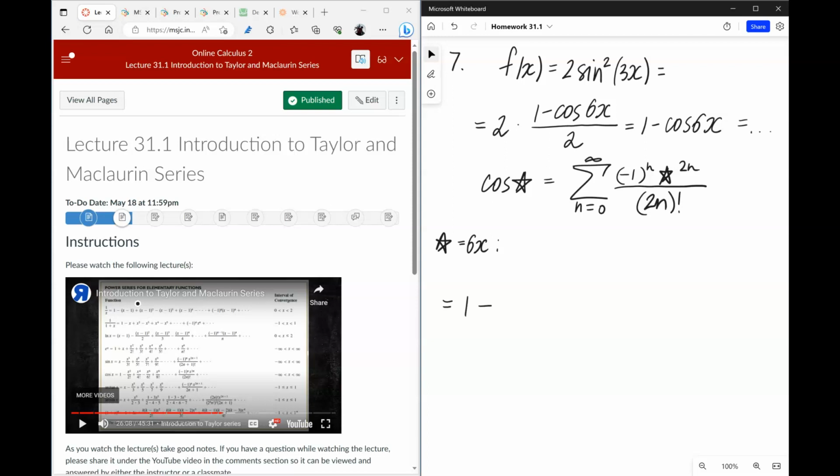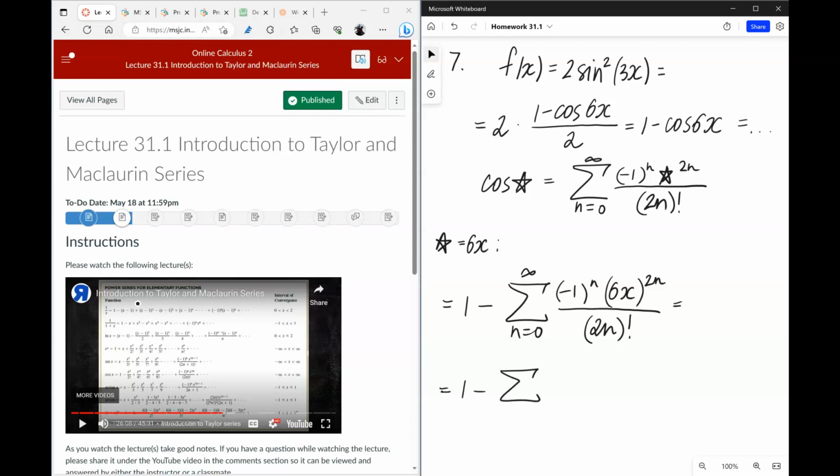So we're going to have 1 minus, and instead of the star we'll put 6x, and we need to write the first 4 terms, so let's start writing it.